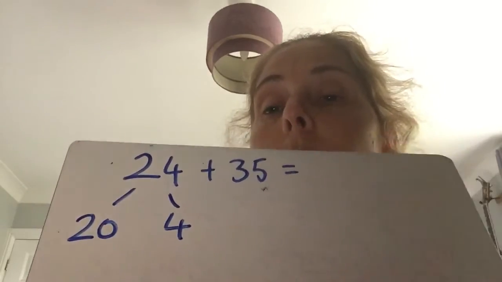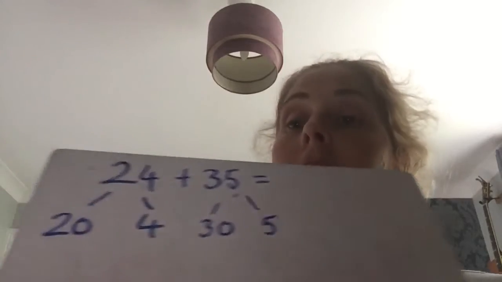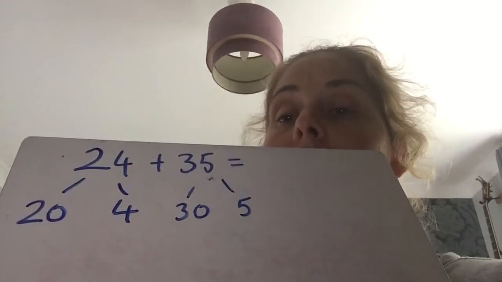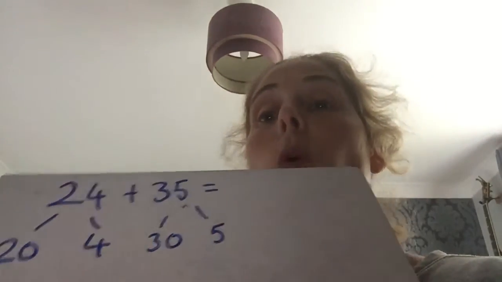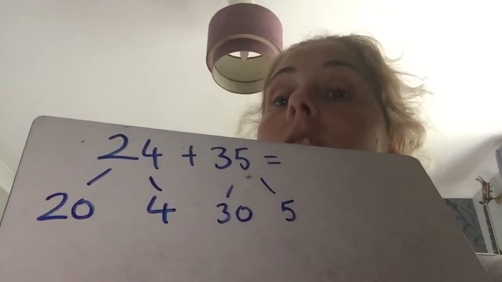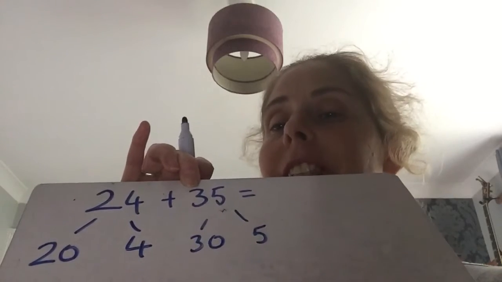And when we read this number, we're saying 35, we're saying it partitions into a 30 and a 5. So we can see that they partition into those numbers. So it's not a 2 and a 4, it's 20 and 4. It's 2 tens, and 2 tens are 20. And this one is 3 tens, which is 30.